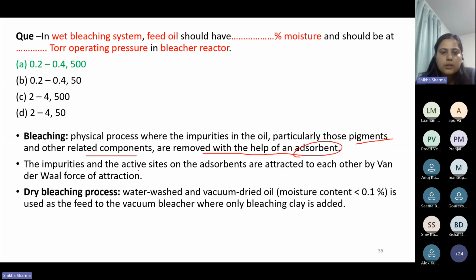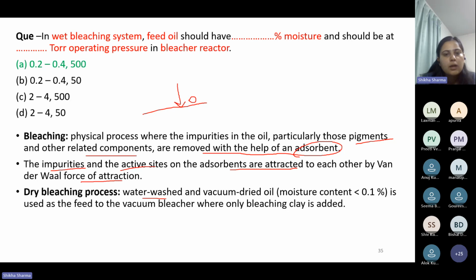The impurities and the active sites on the adsorbents attract each other through van der Waals attraction, and the impurities deposit on the adsorbent and are then removed. There are two bleaching processes, dry bleaching and wet bleaching.